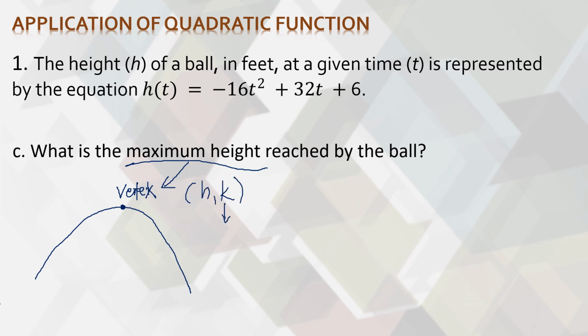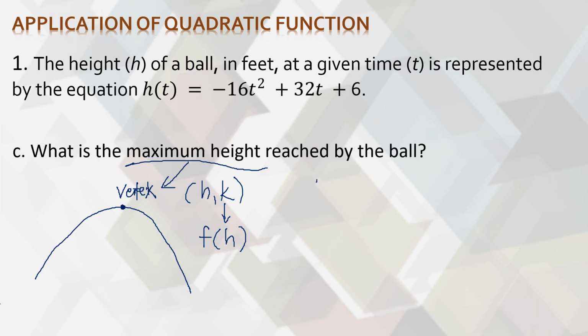And take note that k can be solved through evaluating function f of h. It's only h or time h that can give you k, which is also f of h by evaluation. So if that is the case, we can get h and later find k. So this is how we're going to do.